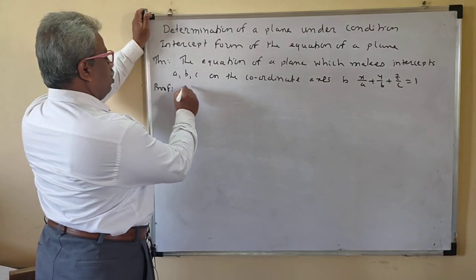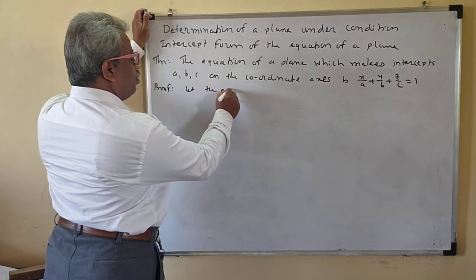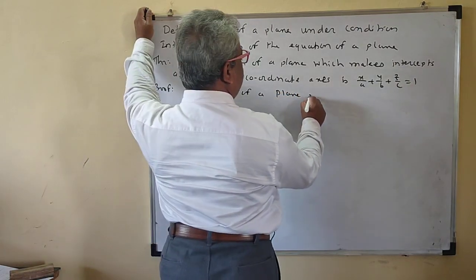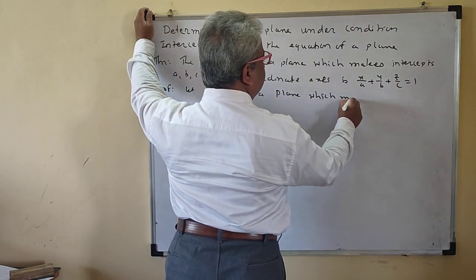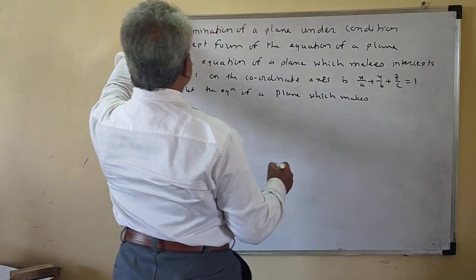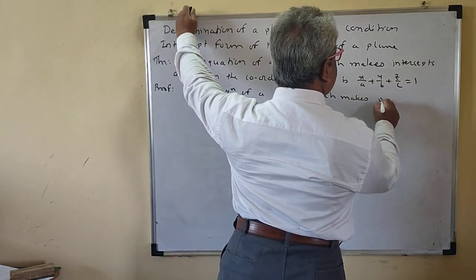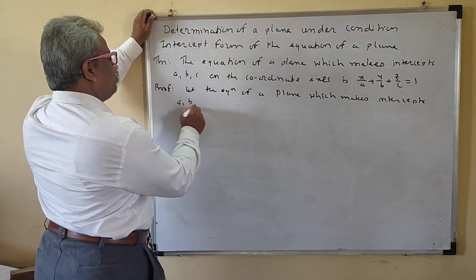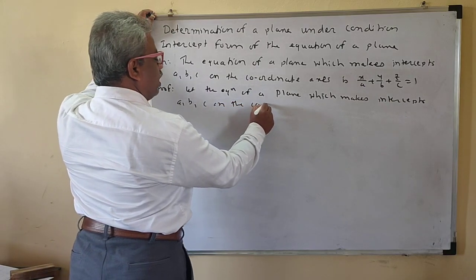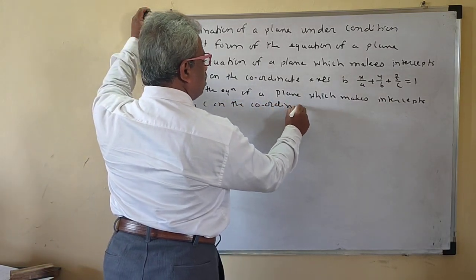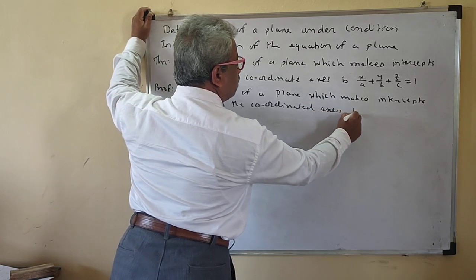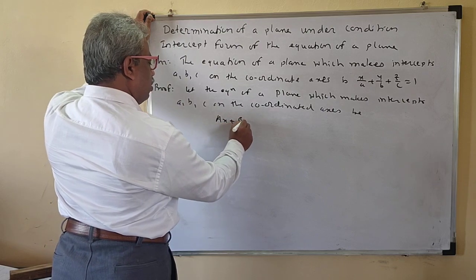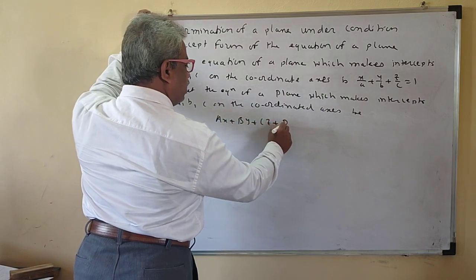So let the equation of a plane which makes intercepts a, b, c on the coordinate axes be capital A x plus capital B y plus capital C z plus D is equal to 0.